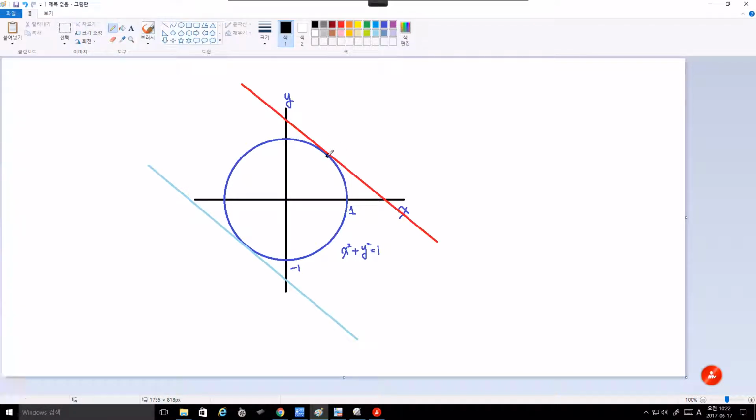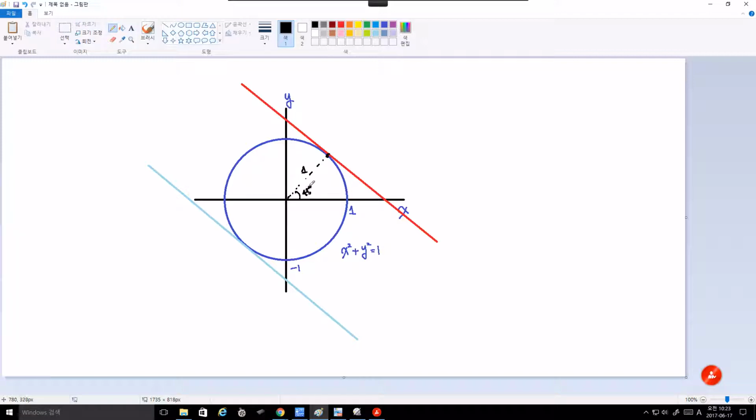This point is on the 45-degree line, so the radius is 1. So x, y is the cosine and sine. This is basically pi over 4, a 45-degree line.